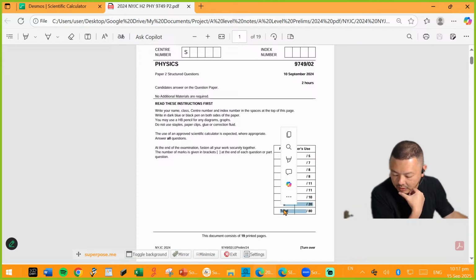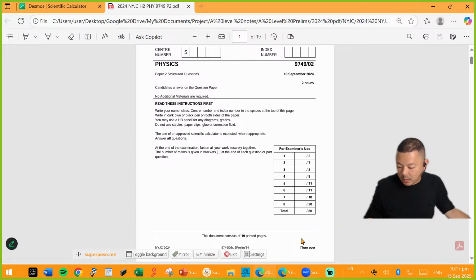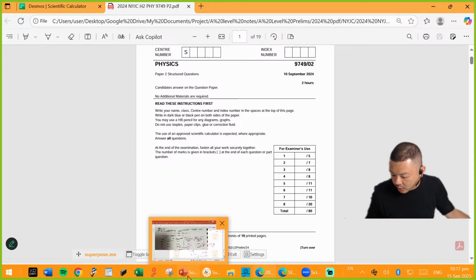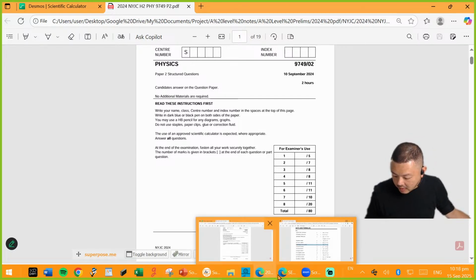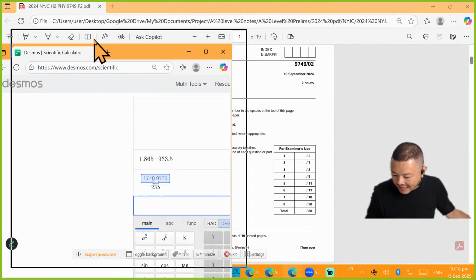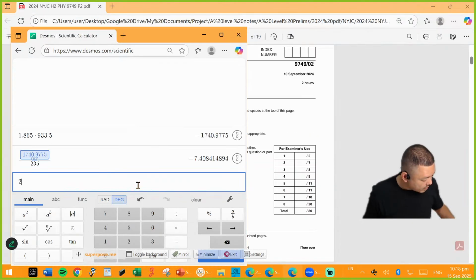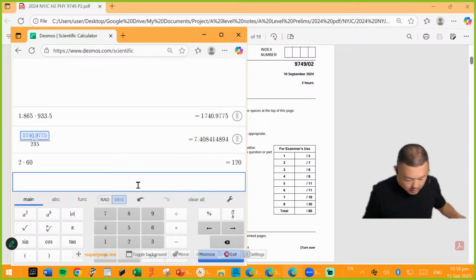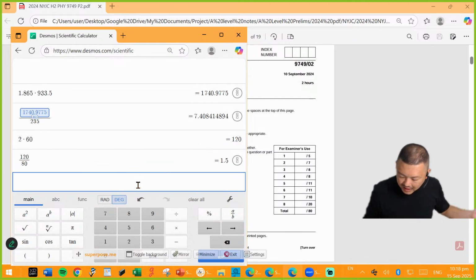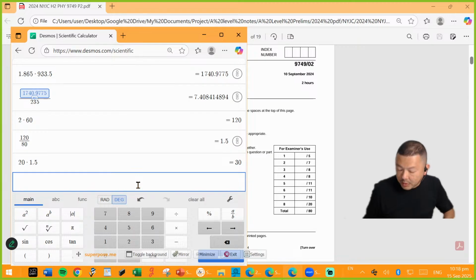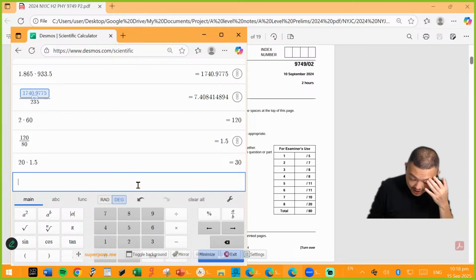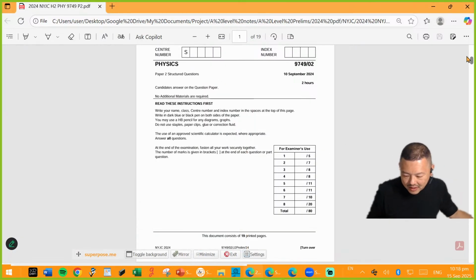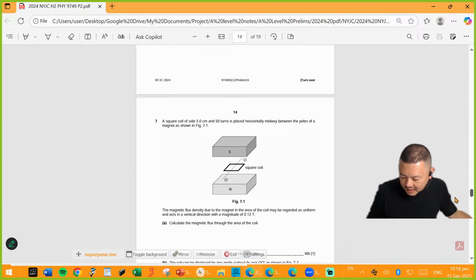So what you want to do is take your 2 hours, 2 times 60, 120 minutes, divided by 80 marks. That's like 1.5 minutes per mark. So 20 times 1.5, it's supposed to be 30 minutes, half an hour. But generally speaking, DRQs are usually based on time management.